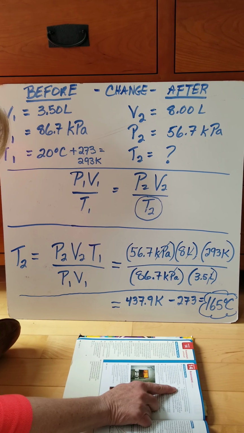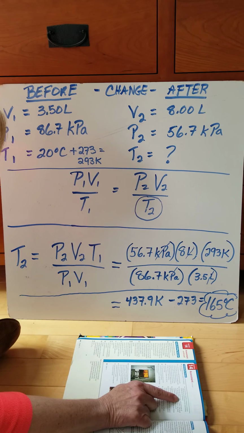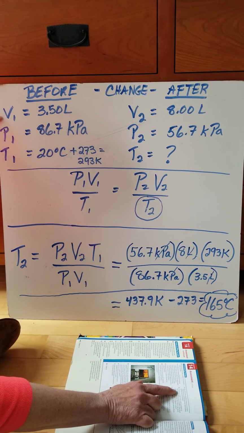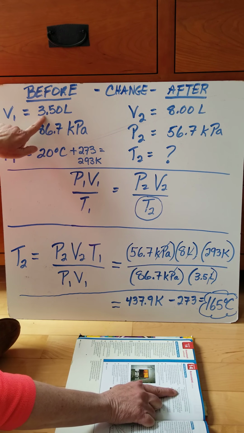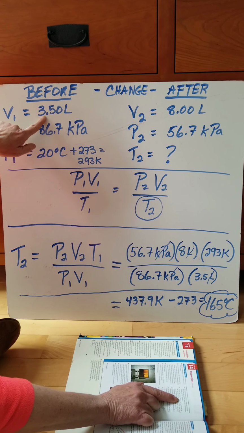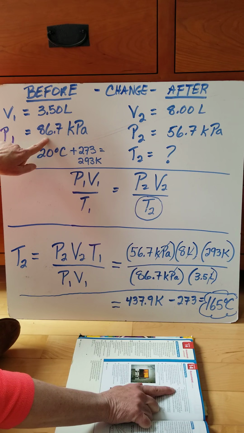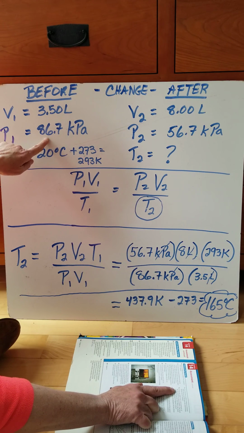So the question reads, a 3.5 liter gas sample at 20 degrees Celsius and a pressure of 86.7 kilopascals expands. So those were the befores, or the ones. So a 3.5 liter gas sample is my V1, at 20 degrees Celsius, that's my T1, and a pressure of 86.7 kilopascals is my P1.